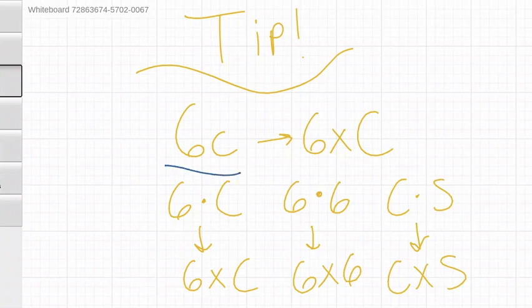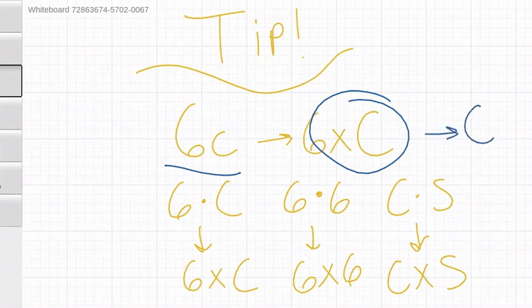So 6c is also 6 times c, but it is also 6 dot c.